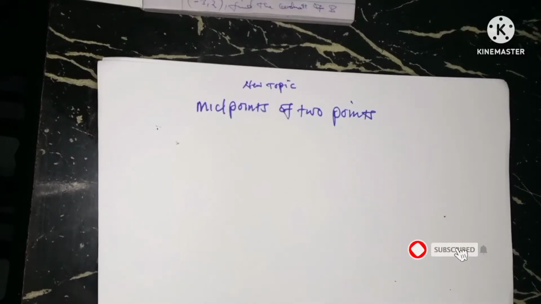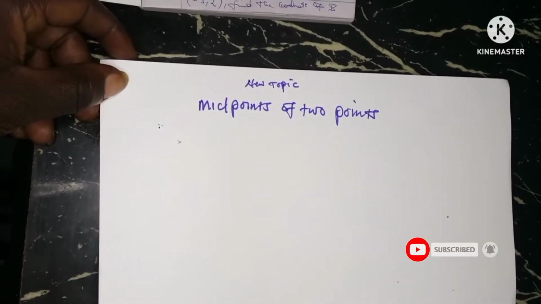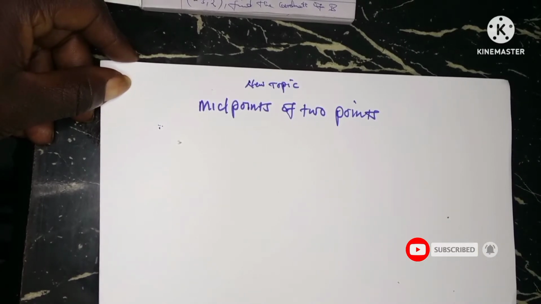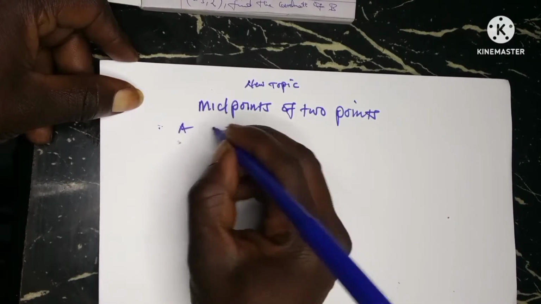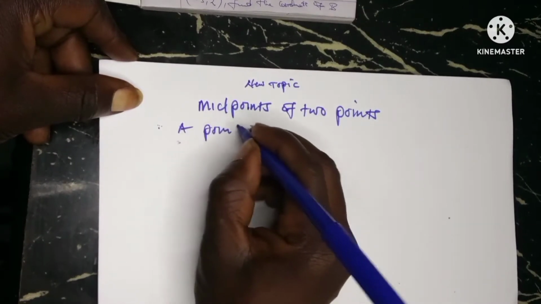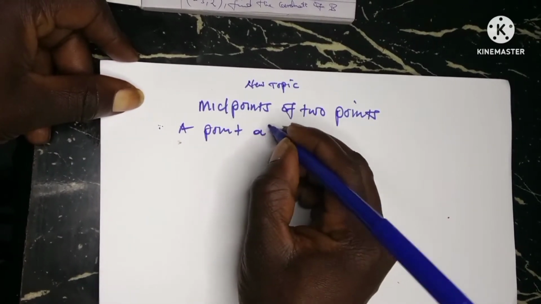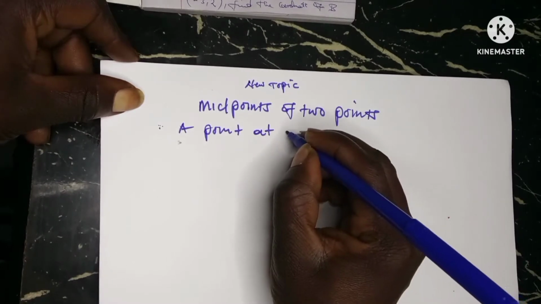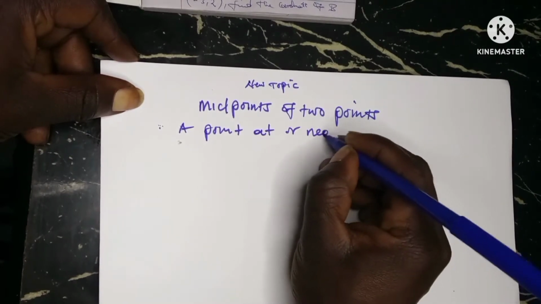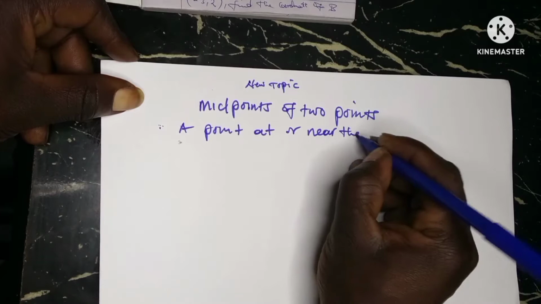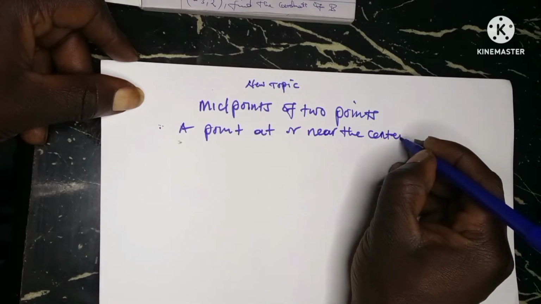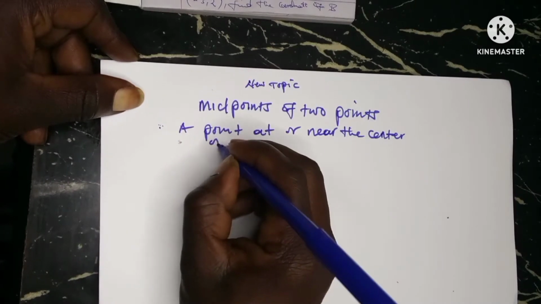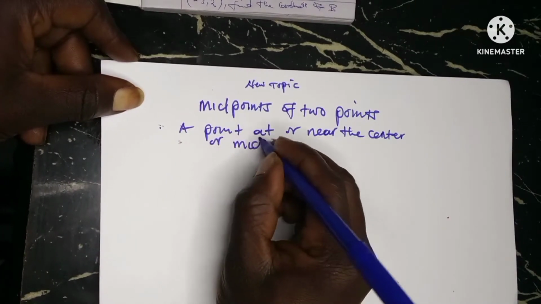Today we are looking at the midpoint of 2 points. A midpoint can be a point at or near the center, the center or middle.